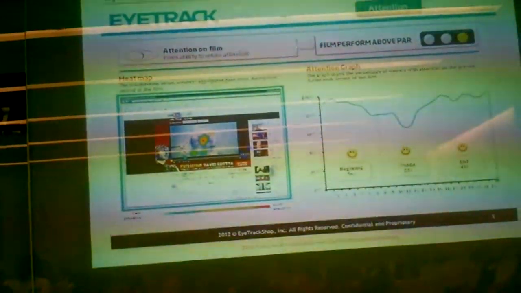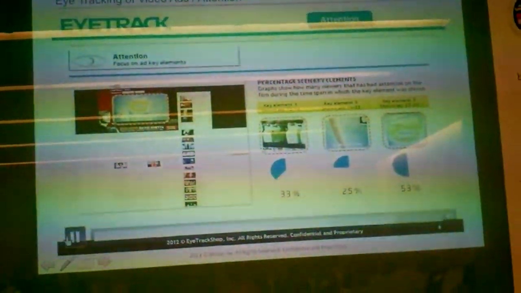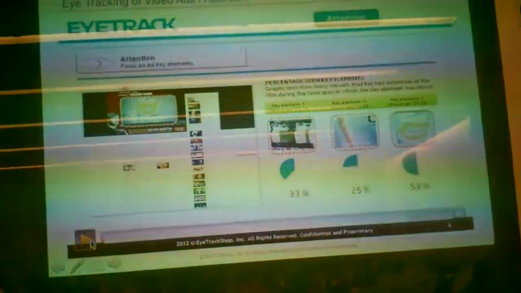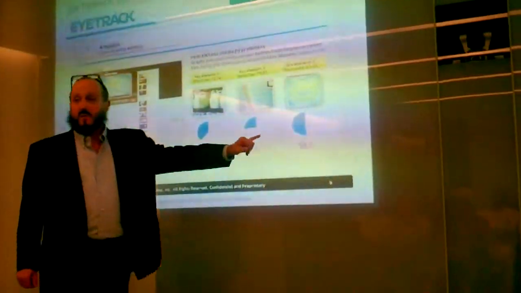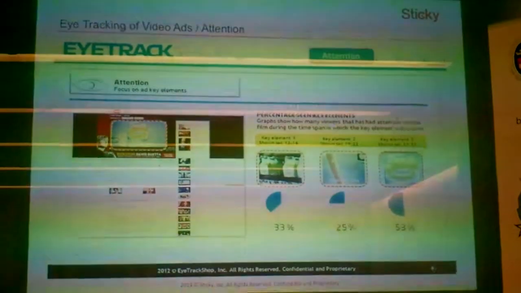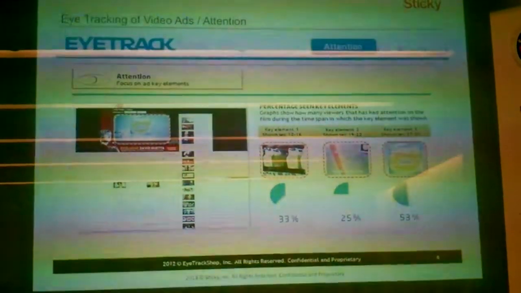Are they looking at it? That's the question. So now we isolate the brand on the shelf, using the product, the brand at the end. What percentage of people are actually looking at it? There's no other way to get this. It's really powerful when you're running a video. It can play, but are they looking at it?